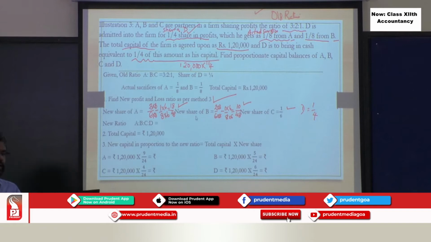So, let us find the new ratio. A's share is 18 upon 48 is to 10 upon 48 is to C's share, given 1 upon 6. We will convert this into denominator 48 by multiplying the numerator and the denominator by 8, is to the share of D, 1 upon 4.